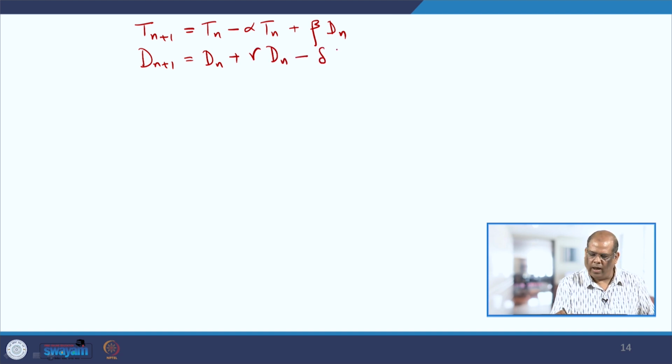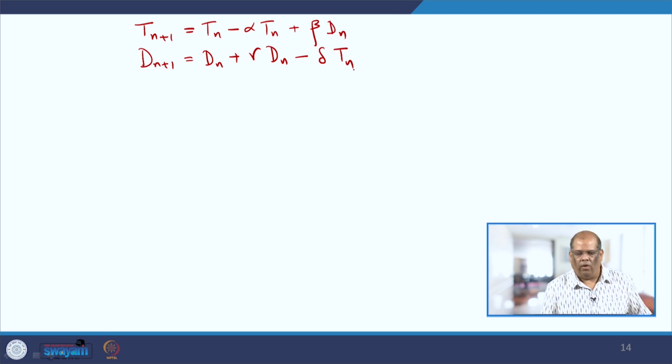We now modify this linear model into a nonlinear model. So our model is Tn plus 1 equal to Tn minus alpha Tn plus beta times Dn Tn, and Dn plus 1 equal to Dn plus gamma times Dn minus delta times Dn Tn.